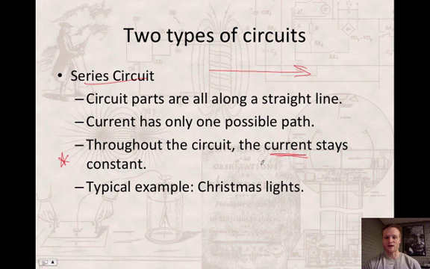You need to figure out which bulb's not working, and once you get that bulb fixed, then the string will work. Newer versions of Christmas lights have since fixed that and turned those into a parallel circuit, where if one bulb goes out, the whole string doesn't go out. But this was a good example back in the day.